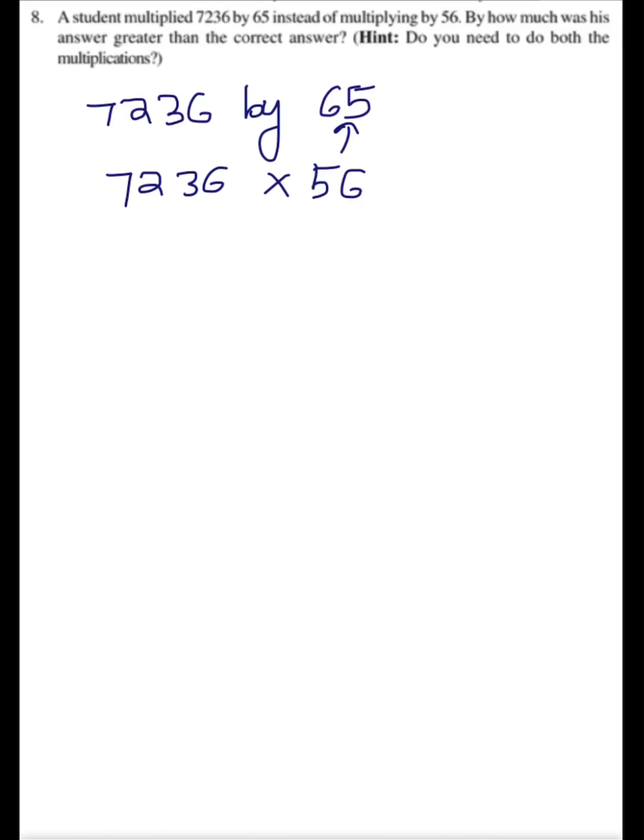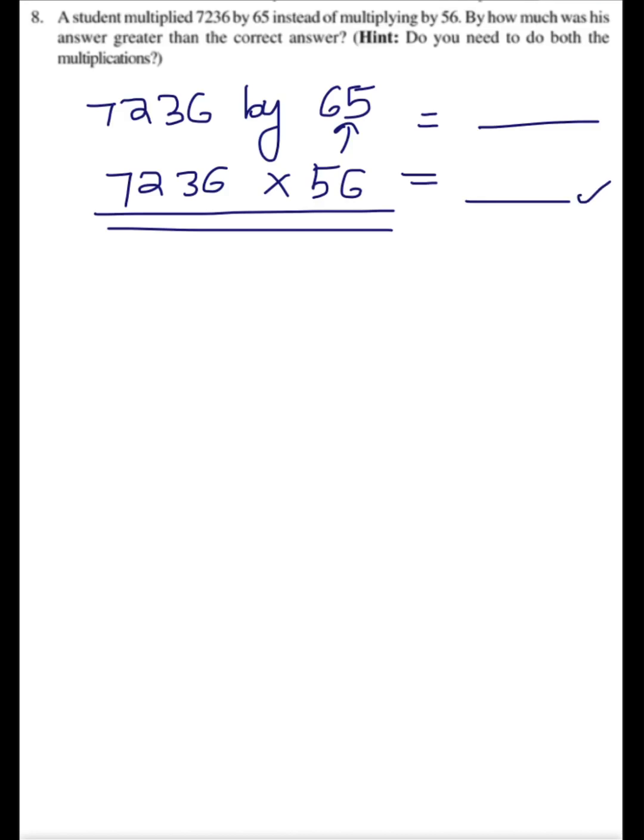So by how much was his answer greater than the correct answer? That means actually he was asked to do this. When he correctly multiplied this 7236 with 56, he will get one answer. But accidentally he multiplied this 7236 by 65, and now he got another answer.